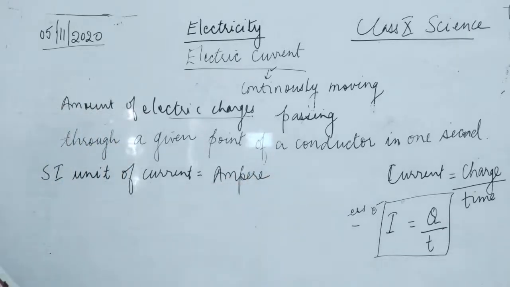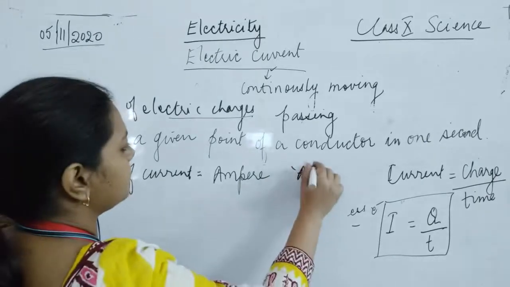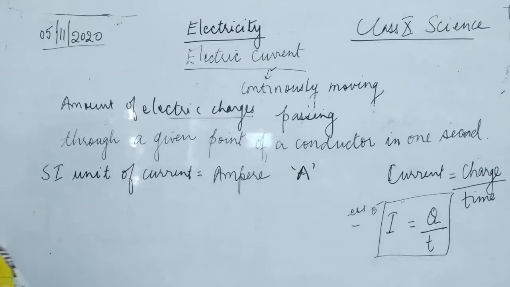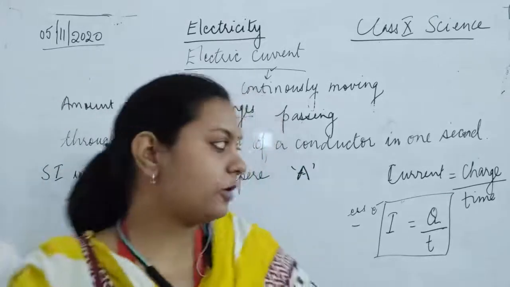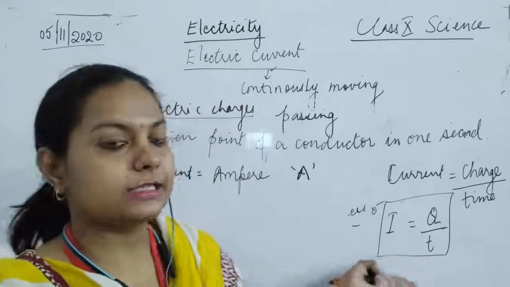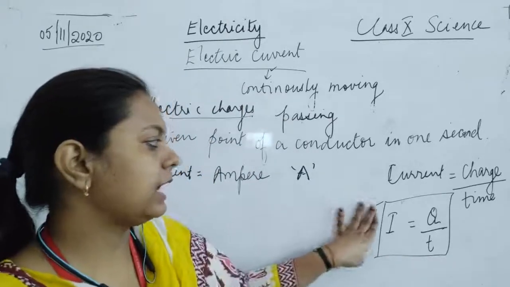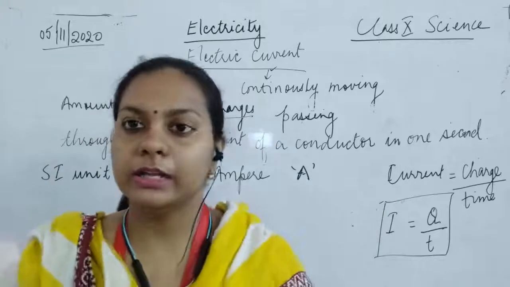Okay, it is known as ampere. Now ampere is denoted by capital letter A. And we have already obtained the formula that I is equal to Q by T, which means charge flowing per unit time.